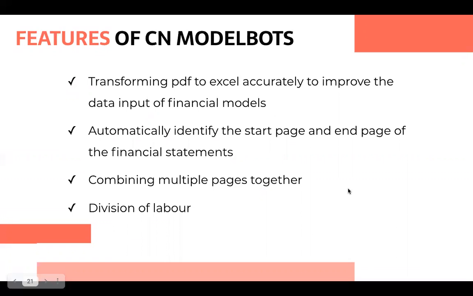There are 4 pages, and we can successfully combine them together into an Excel format. And a special function of this MODELBOTS CN is that we separate the table cutting and the table editing into different stages, so we can have different people working at the same time. So that's all for our CA MODELBOTS, and I'll pass the time to Vincent.